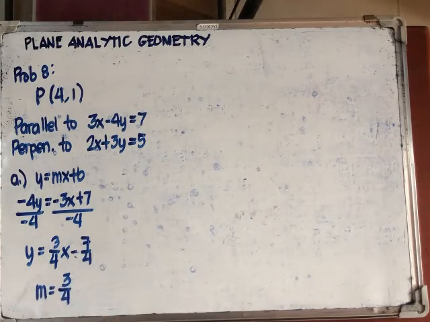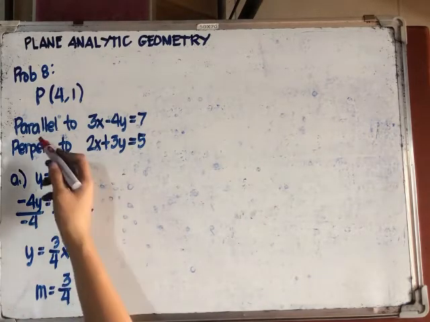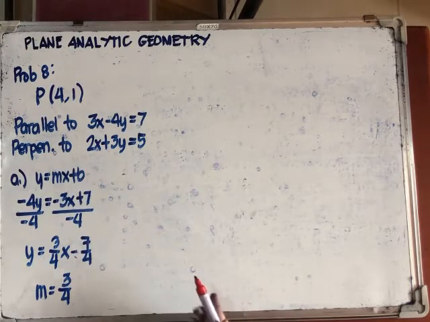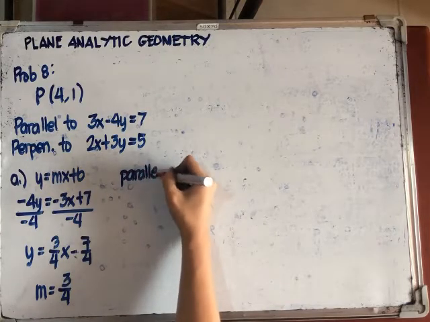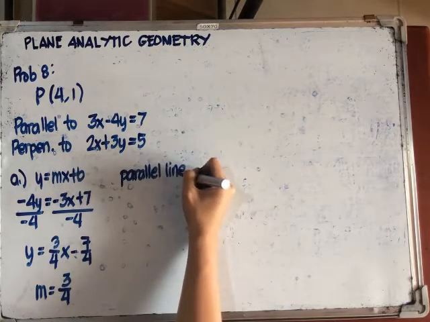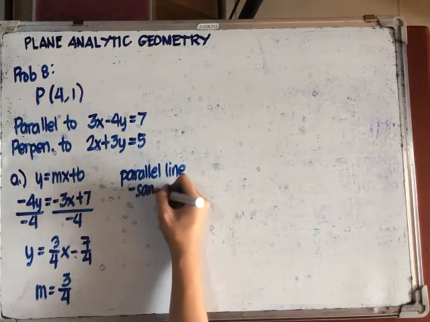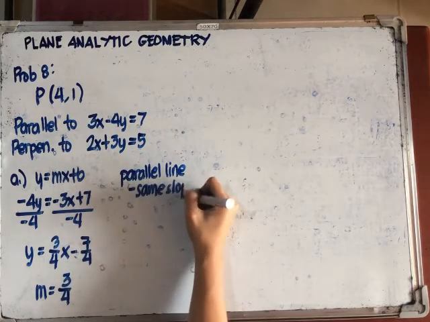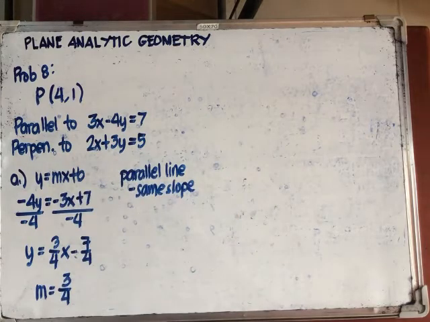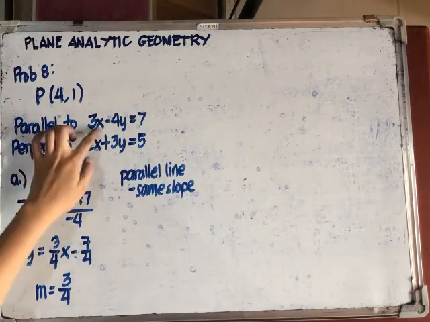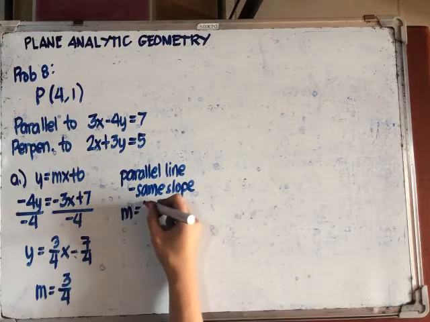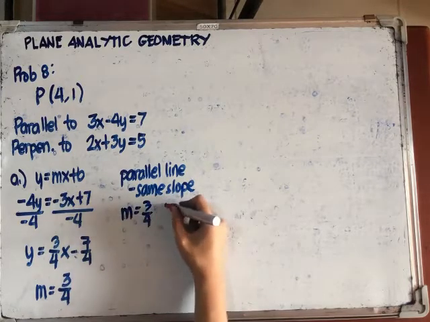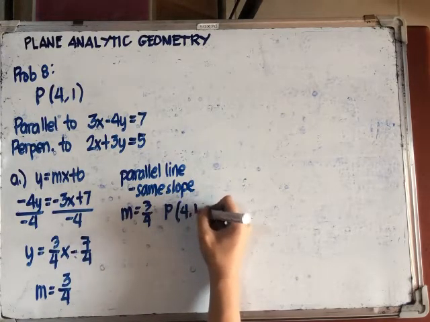And parallel lines have the same slope. So if we are to find a line parallel to this one, and this line has a slope of 3/4, then the line that we are looking for will also have a slope equal to 3/4 as it passes through point 4, 1.